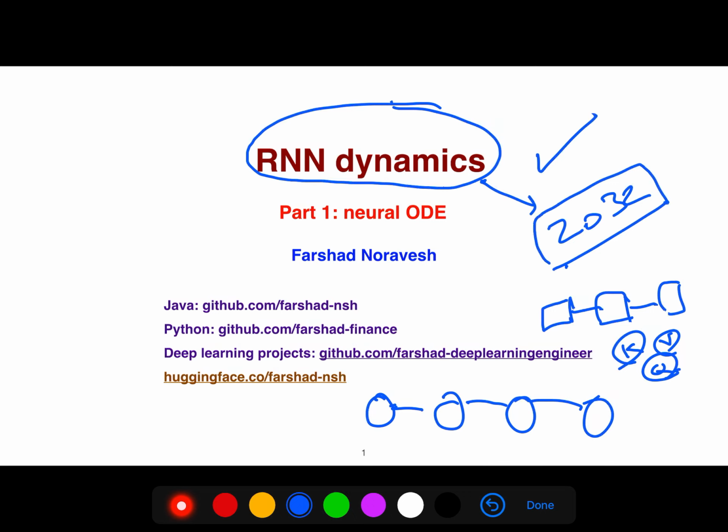But what the brain does is different from this. The brain, for example, associative memory is a very important part of your brain. When you think of a word, you associate it with another word. For example, when I hear recurrent neural networks, I associate it with dynamical systems.